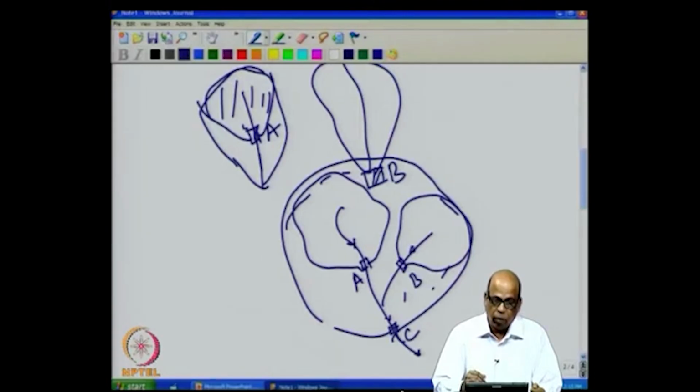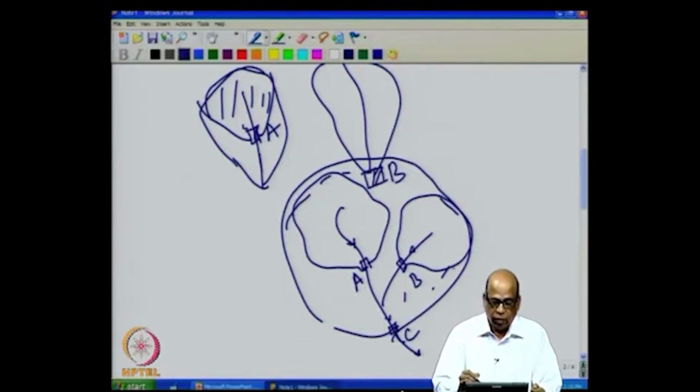However, the specific flow at C represents this entire area, and typically it accounts for this intermediate catchment area, which is not covered by both A and B. If that specific flow is much higher compared to the specific flow at A and B, what does that mean?